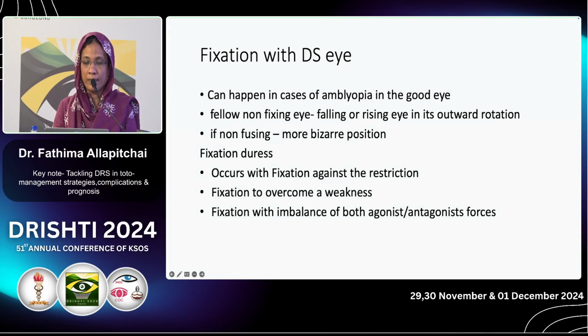In that occasion, if we operate on the Duane's eye, due to fixation duress against the already existing restriction, there will be an unexpected outcome in the other normal eye. Usually, when the eye fixates with the DSI, the fellow non-fixing eye will fall or rise in its outward rotation. It will not be like upshoot or downshoot, but it behaves in a more bizarre way, where the normal eye will fall or rise.